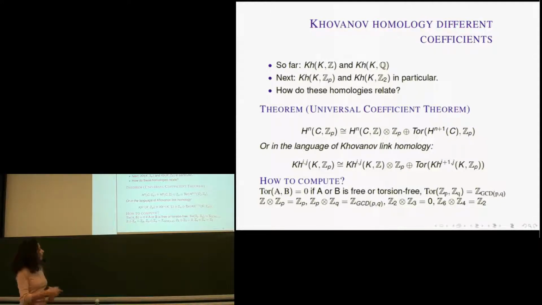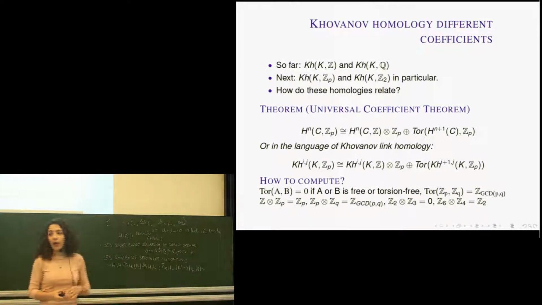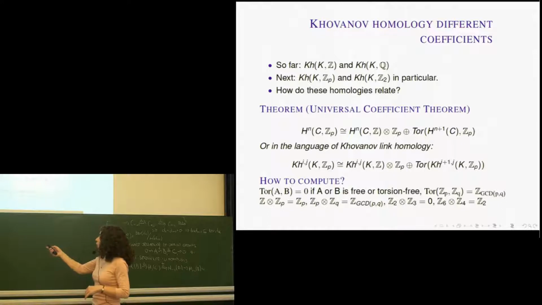And here's a little bit of standard algebraic topology. There's a UCT, or universal coefficient theorem, that tells you how these homologies are related. Basically what it says is that if you want to compute any homology, well, I wrote cohomology here, but don't worry, it's the same here.